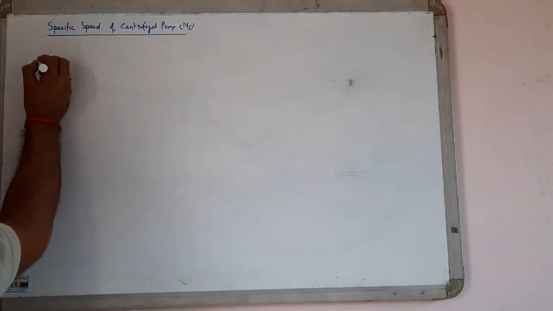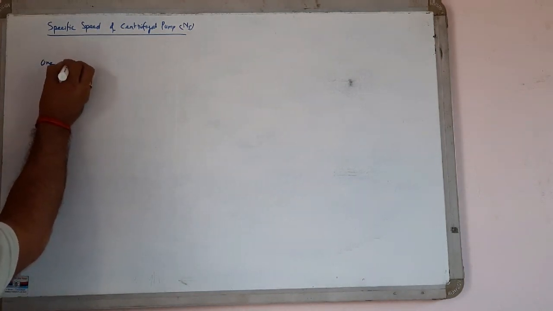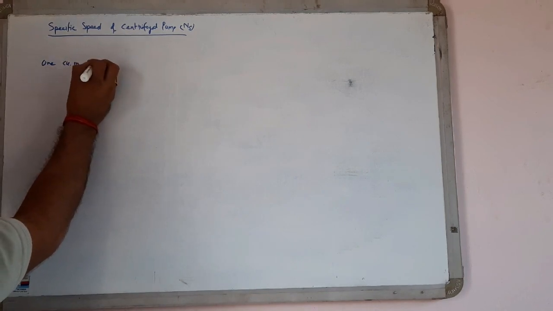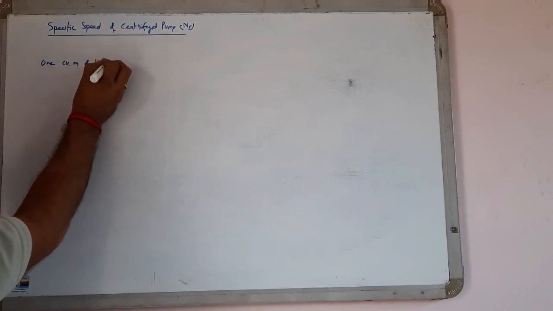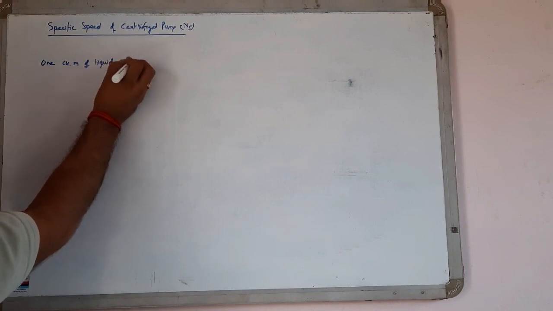Our next topic is the specific speed of centrifugal pump. The specific speed of a centrifugal pump is defined as the speed of a geometrically similar pump which would deliver 1 cubic meter of liquid per second against a head of 1 meter.